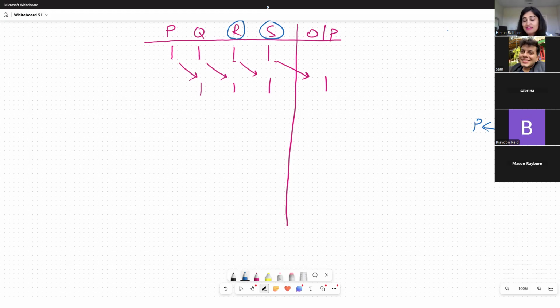That's what happens in an XOR operation: if it is 0, 0, the output is 0. 1, 0 is 1. 0, 1 is 1. And 1, 1 is 0. So exactly one 1 means only then the output would be 1. If the previous state value is 0, 1 or 1, 0, then only the new P value would be 1. Here, since the previous R and S values are 1 and 1, the output would be 0.